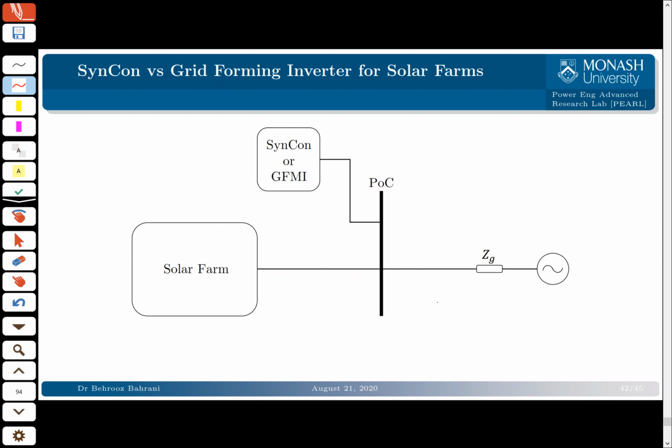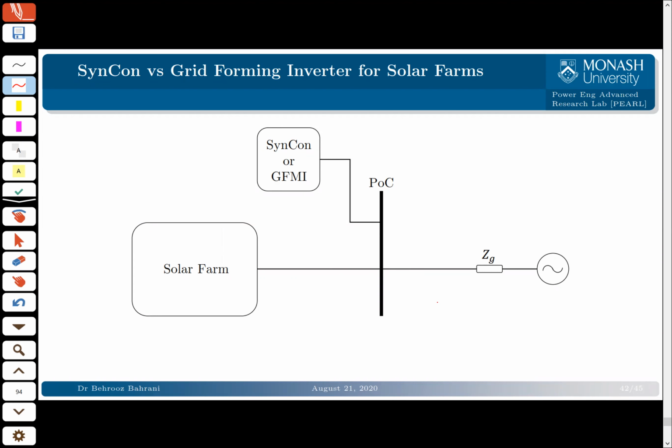Lastly, before I finish, I wanted to show you how these SynCons and grid forming inverters operate in the system. So this is a very simplistic block diagram of a system that we were working on. We had an industry partner here, and this is actually a realistic system, but I'm not going to disclose the information about that.